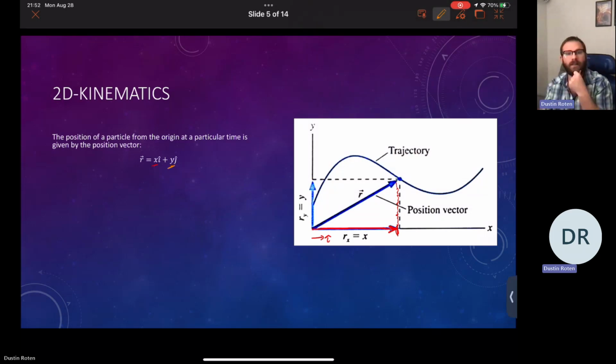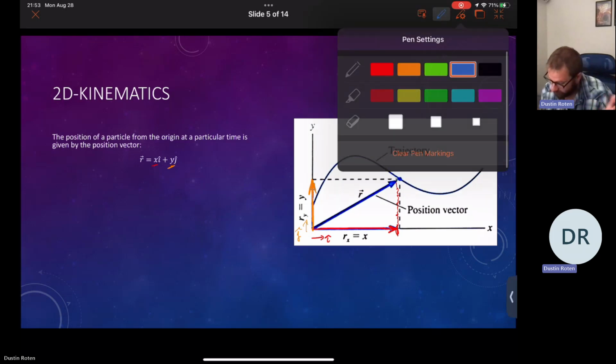Same thing with y. y is a scalar that's going to scale the j hat direction. This y magnitude is this particular length here in orange, and that's just going to scale our j hat direction. So even though this particle has this trajectory, whatever this particle is, we don't care.